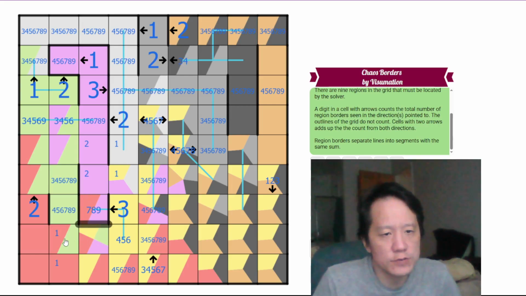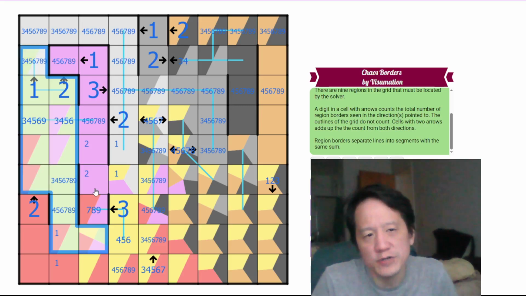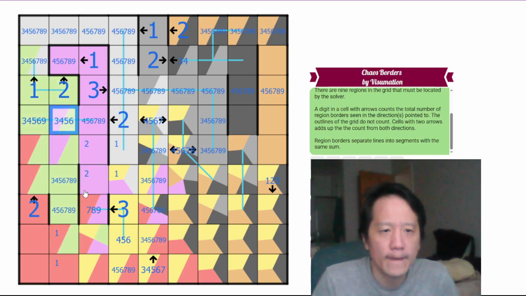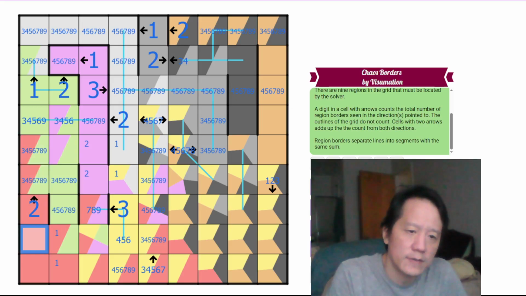We have 12 possible air cells for green. Okay, these are 3 through 9, here and here.